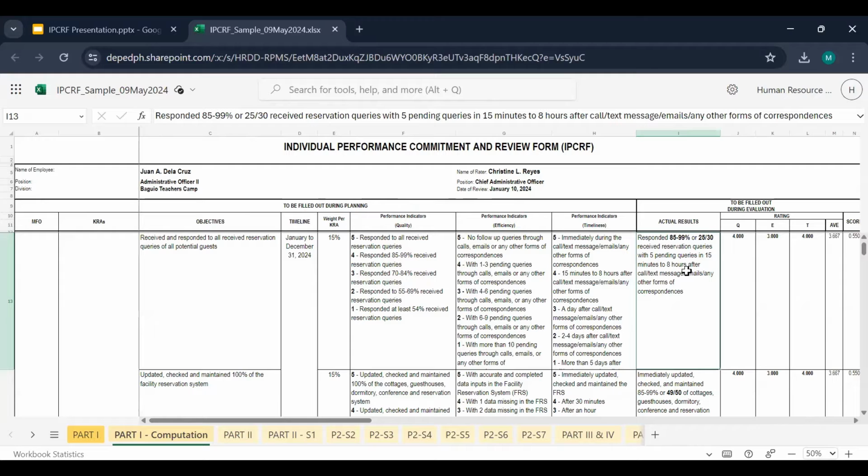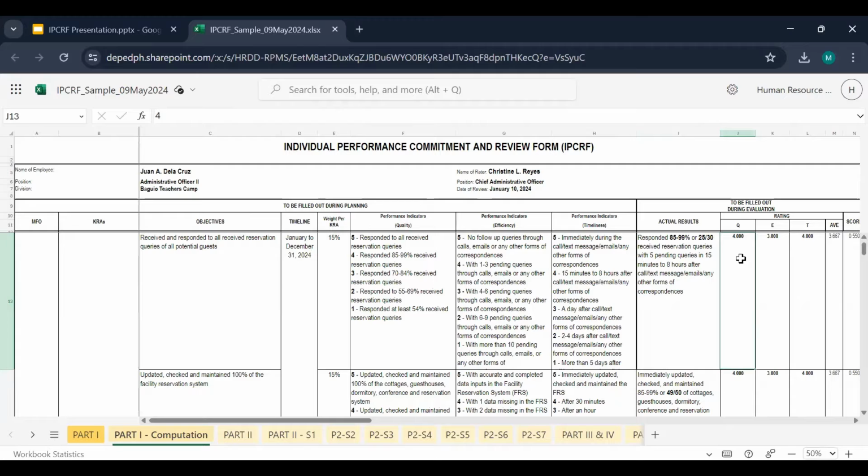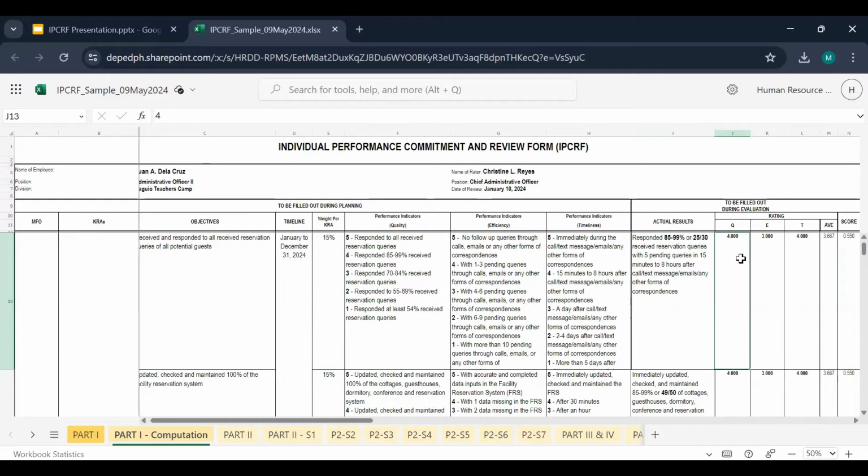So it says here that Mr. De La Cruz responded 85 to 99% or 25 out of 30 received reservation queries. So that means his rating under the quality performance measure is 4.